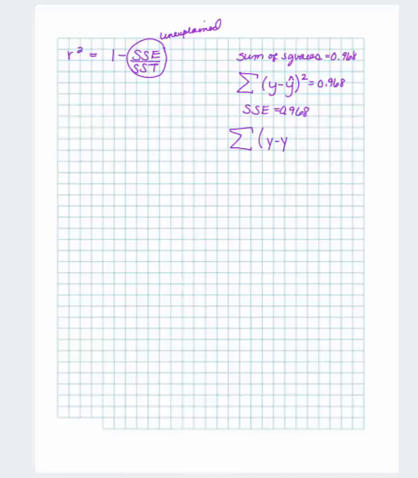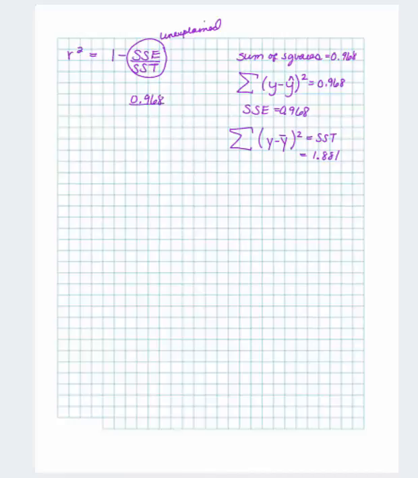Y minus Y bar squared. That is my sum of my squares total. And it actually gives me a value of 1.881.